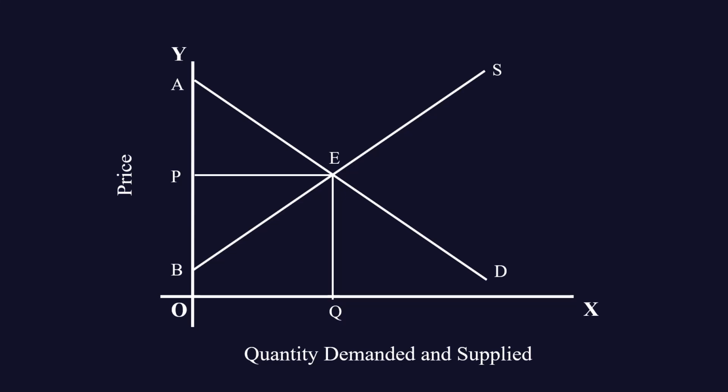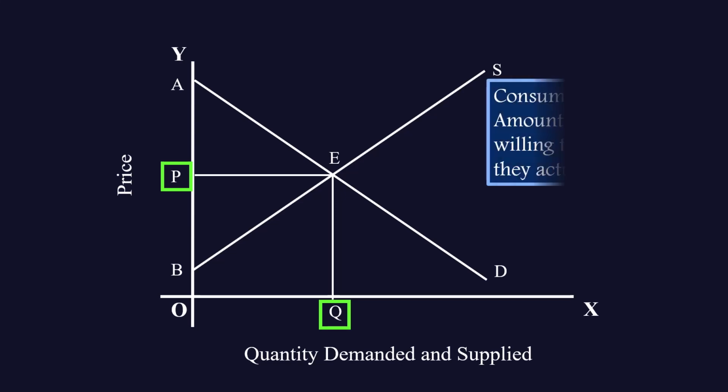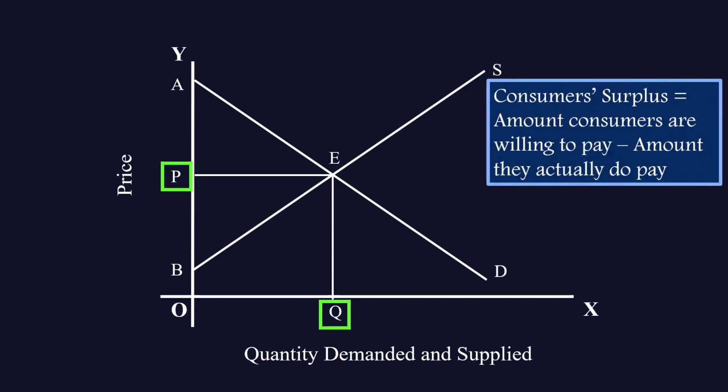We shall make use of this graph to understand this. The market forces determine the equilibrium price P. Q is the equilibrium quantity. We know consumers' surplus equal to amount consumers are willing to pay minus amount they actually do pay.